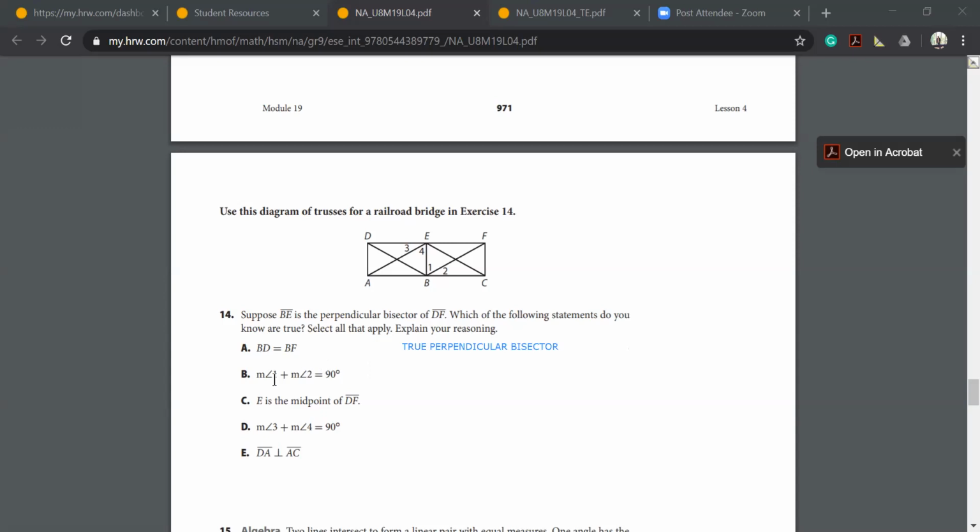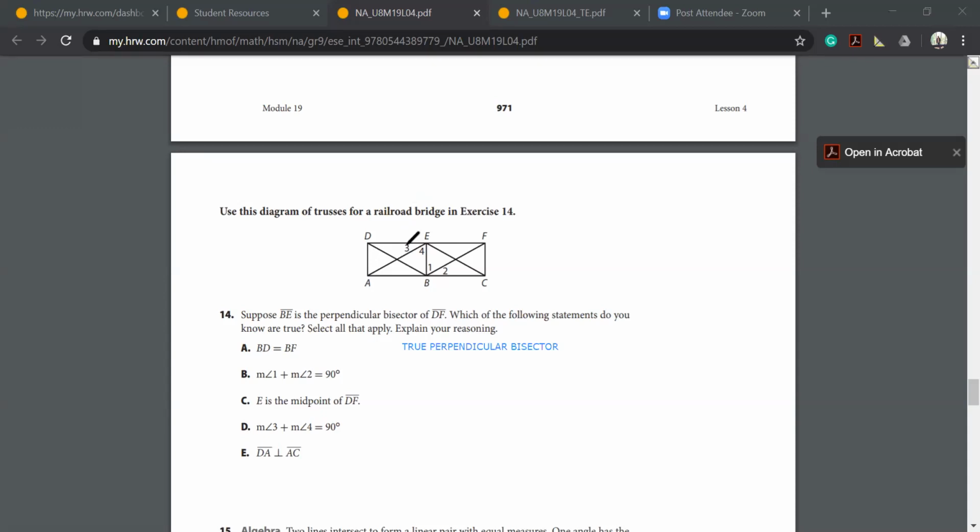Let's see question B. Question B, measure angle 1 plus 2 is 90. He is saying that measure angle 1 plus 2 is 90 degrees. What do you think? I will tell you. I know for sure, since he told me that this is the perpendicular bisector of DF, that angle 3 and 4 together is 90.